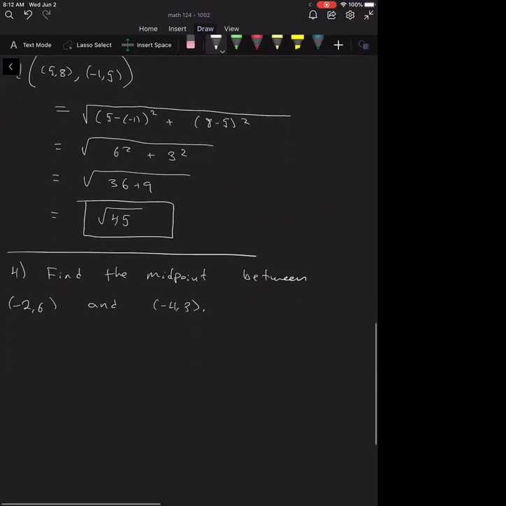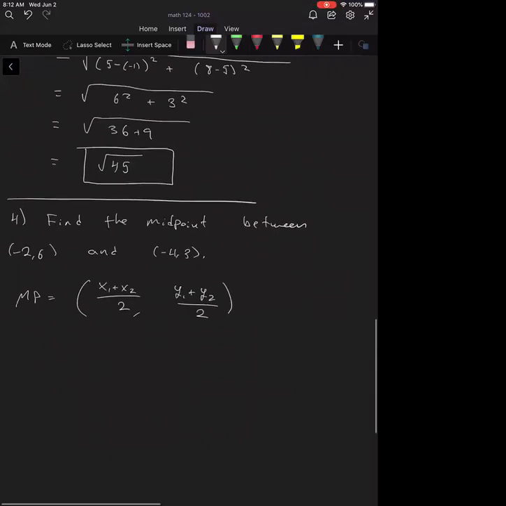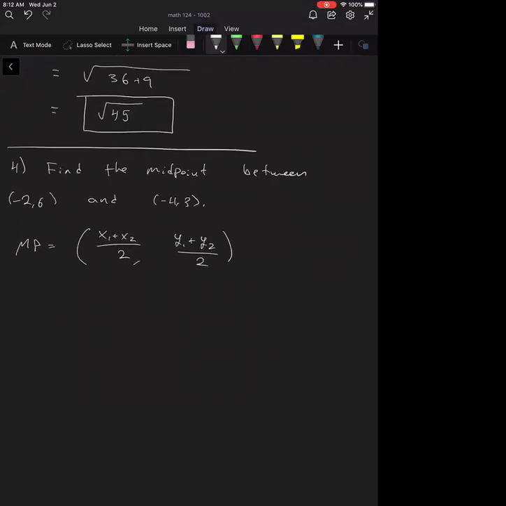So our midpoint formula, if we're given the 2 points, x1, y1, x2, y2, we add the x values. So x1 plus x2 divided by 2, and then we add the y values. Okay, now let's label our points. Well, we're given these 2 points. Let's call this one x1, this one y1, this one x2, this one y2.